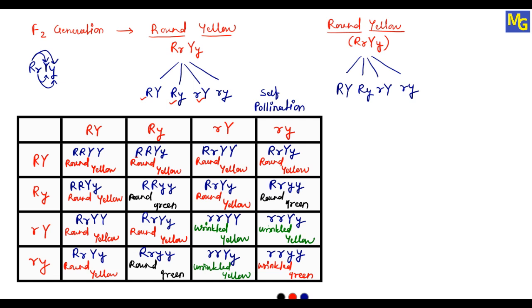recessive genes. Now we have to focus on our phenotypic ratio. So I'll take the pink color and I'll circle whichever are round yellow.